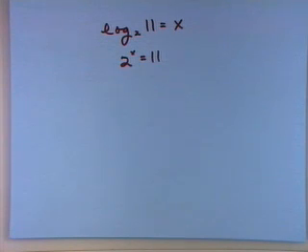And this is kind of a general recommendation. When the thing you're solving for is in the exponent position, you've done this before. How do you get it out of that position? Take the log of both sides. Now, does it matter? With a base 2 problem, can we take the natural log of both sides or the log of both sides?